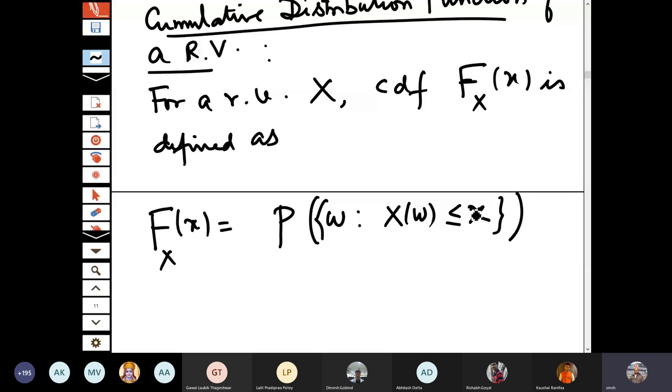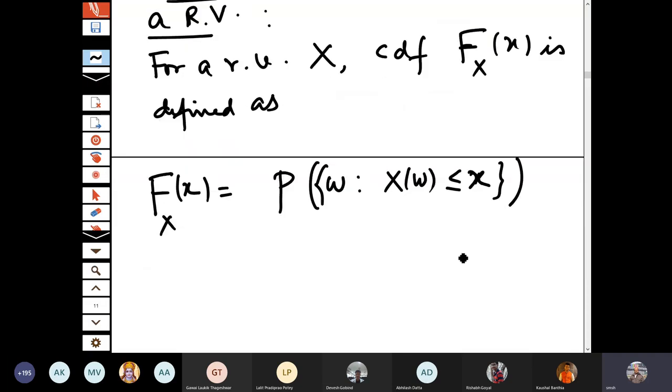So I am using capital X and small x together. As already mentioned, we use capital English letters for the names of random variables: capital X, capital Y, capital Z, U, V, W. Later on you will see all those utilizations. The values taken by the random variable are usually denoted by small English letters, so small x.